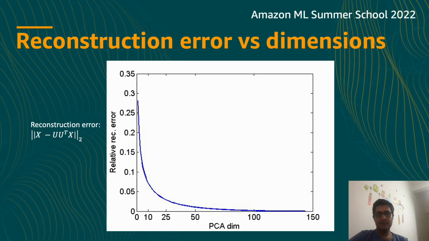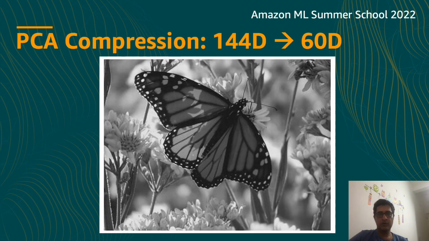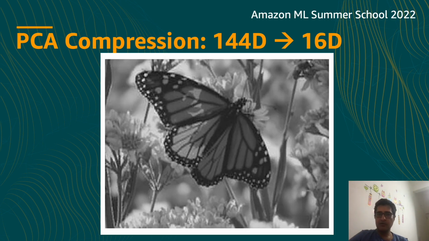But it is quite interesting that even with only a few dimensions, which is 10, you are able to reconstruct this image quite well. For example, your 144 dimensional picture, once compressed to 60 dimensions, looks like this, and then further reduced to 16.